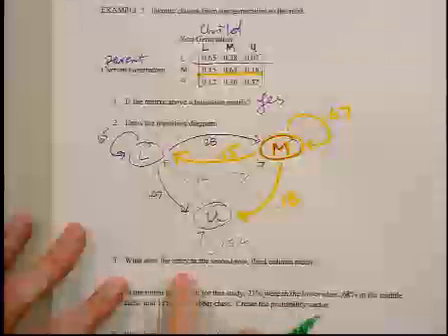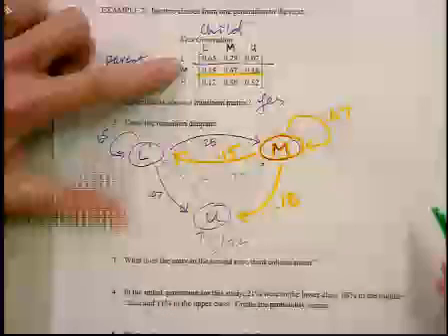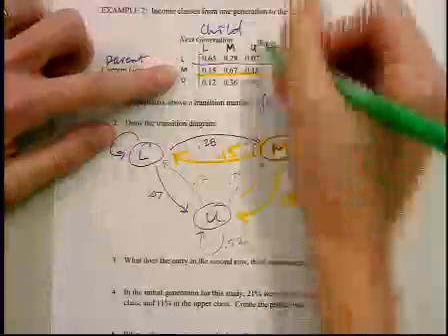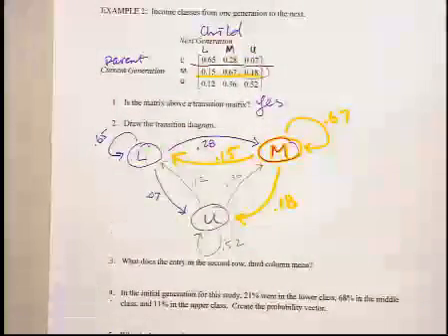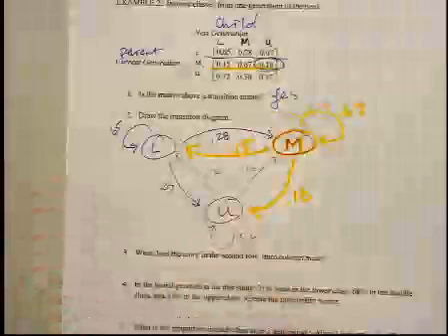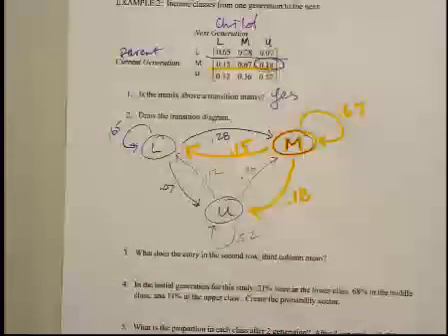What does the entry in the second row, that's my middle class row, and third column mean? Okay, so that would be that 0.18. So I'm looking at that 0.18. We could read this as a probability, or we could read this as a straight percentage. I'm going to read it though as a probability.